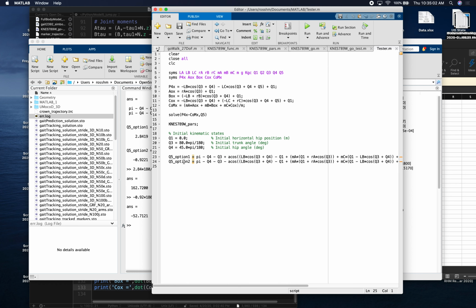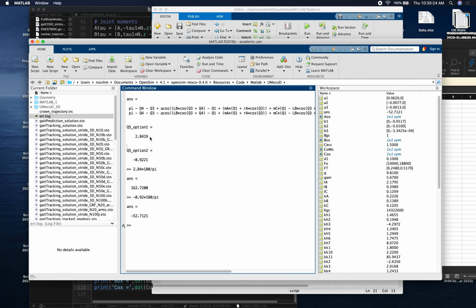Now it turns out that for sets of initial kinematics that are within the normal range of values you might set for realistic human angles, this second option, Q5 option 2, is always the one that we want. We never want the answer from the first option. It's always going to produce this weird, unrealistic, very large knee extension angle, where option 2 is always going to give us the knee flexion angle that we want.